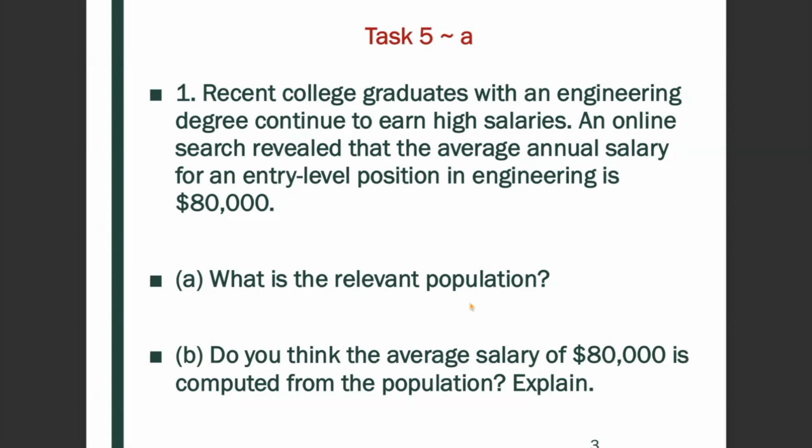So here, the population is all recent college graduates with an engineering degree, which is written right here. And then the second question is, do you think the average salary of $80,000 is computed from the population?